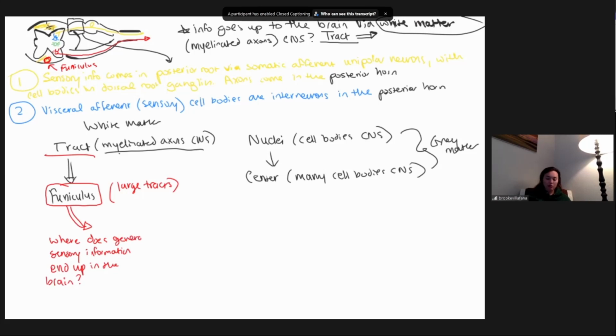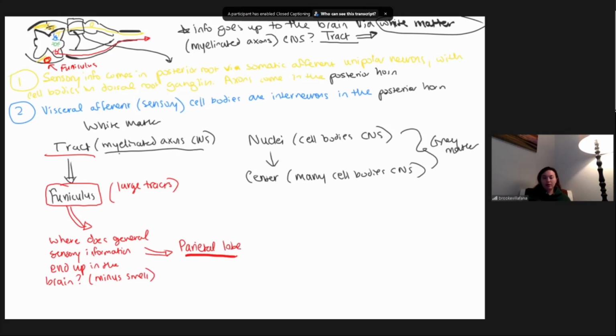Where does general sensory information end up in the brain, minus smell? Does anybody know what I'm looking for? Where does general sensory information end up in the brain minus smell? Good. Parietal lobe, good. Where on the parietal lobe?